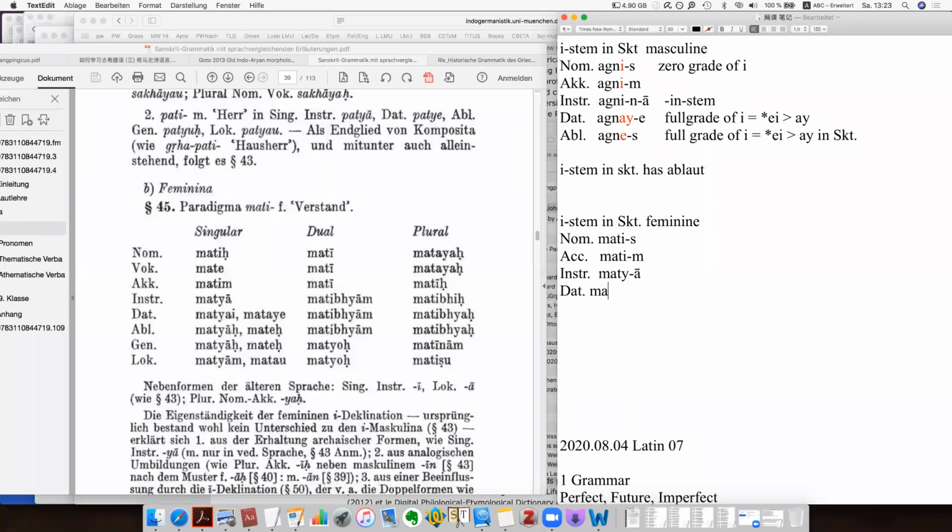And then the dative. From the dative, we actually have two forms. Mataye, so actually two forms. And ablative, we have matyas, and then we have mates, right?